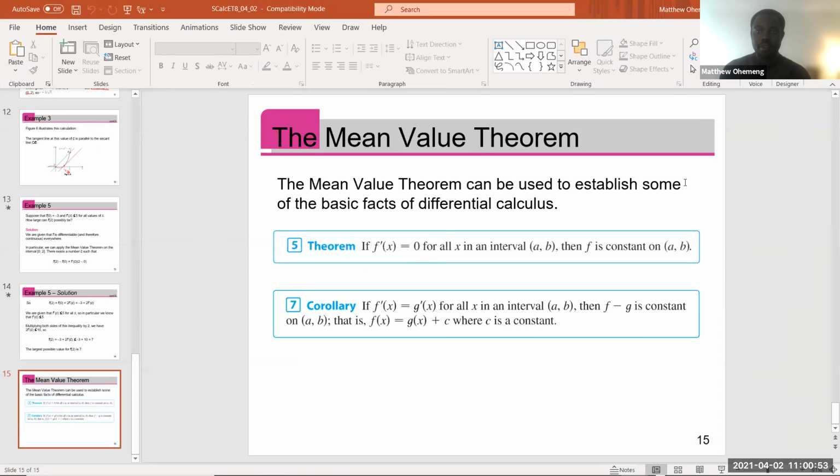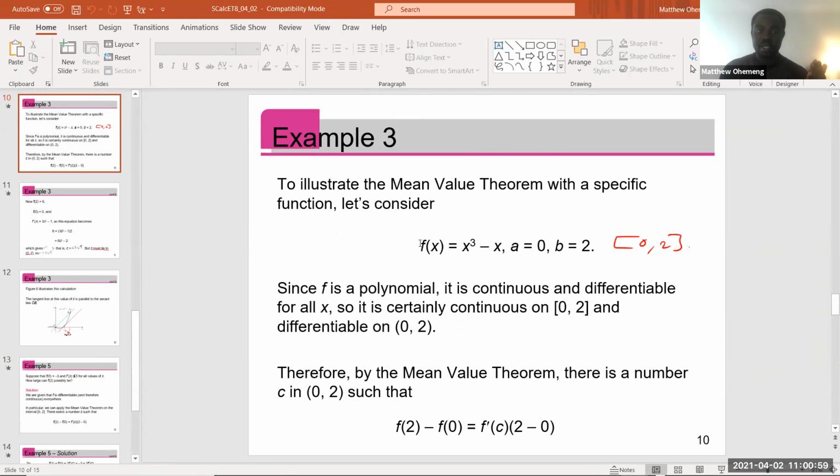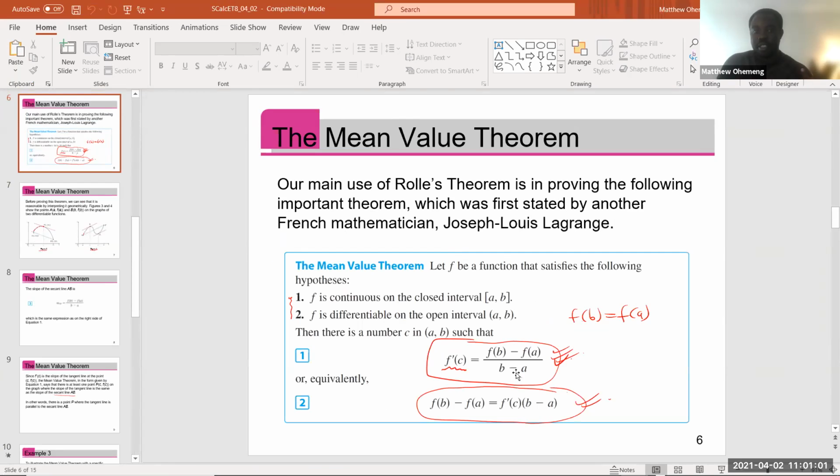With the mean value theorem, we were able to see some ways where it can be applied. This is the first case that you see. Most of the questions are straightforward. You just have to make sure that the function satisfies the first two hypotheses: the function is continuous on a closed interval a to b, and is differentiable on an open interval a to b.